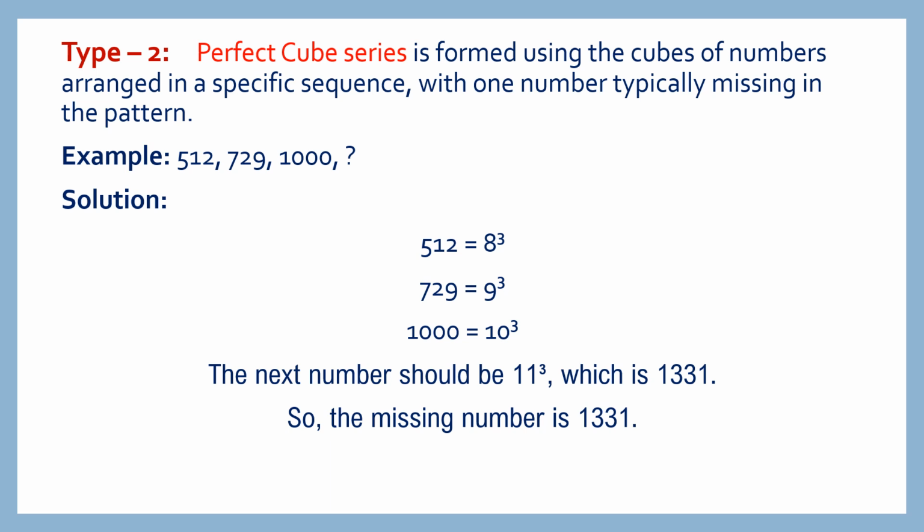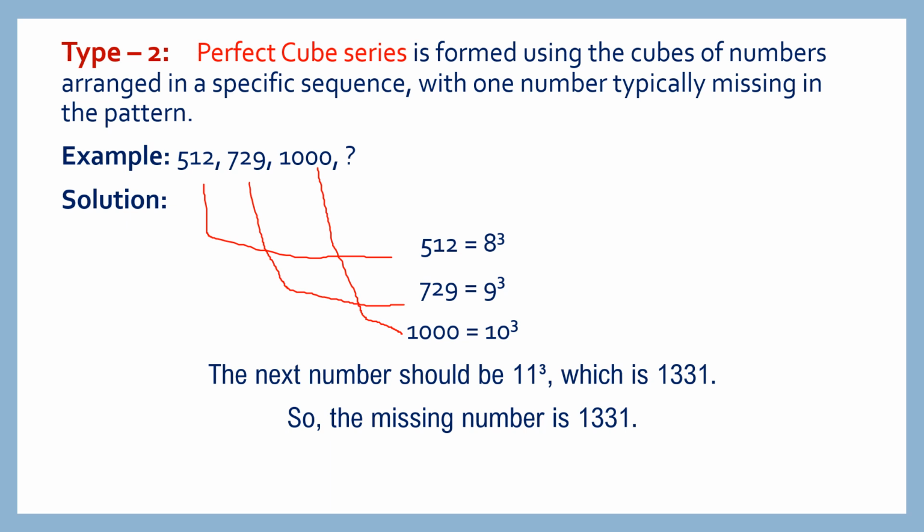In this example, 512, 729, 1000. First we can easily see 1000 is the cube of 10, 729 is the cube of 9, and 512 is the cube of 8. So the given series is 8 cube, 9 cube, 10 cube. What will come next? 11 cube, which is 1331.